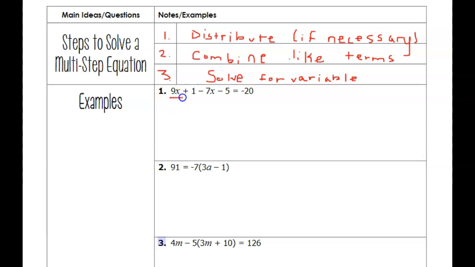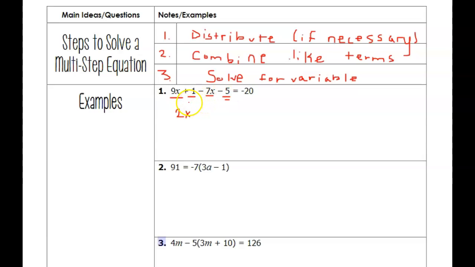Well, I notice I have two terms that have x's, my 9x and my minus 7x, and I put them together. How many x's do I have? 9 minus 7 is what? 2, right? So I got 2x. Then I notice I got some numbers here, a 1 and a minus 5.